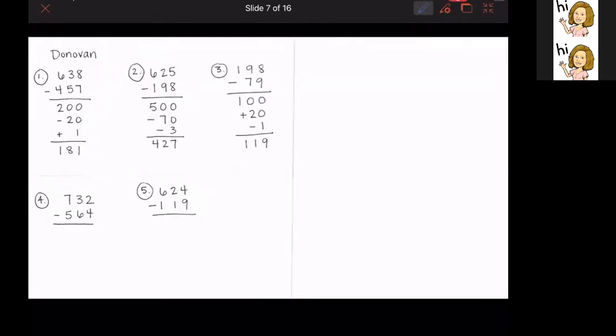So now let's have a look at Donovan's strategy. We can see that he's, again, not grouping, not regrouping. He's seeing the place values in this expanded form idea, right? 100 plus 90 plus 8, and then we're going to subtract 70 plus 9, right?